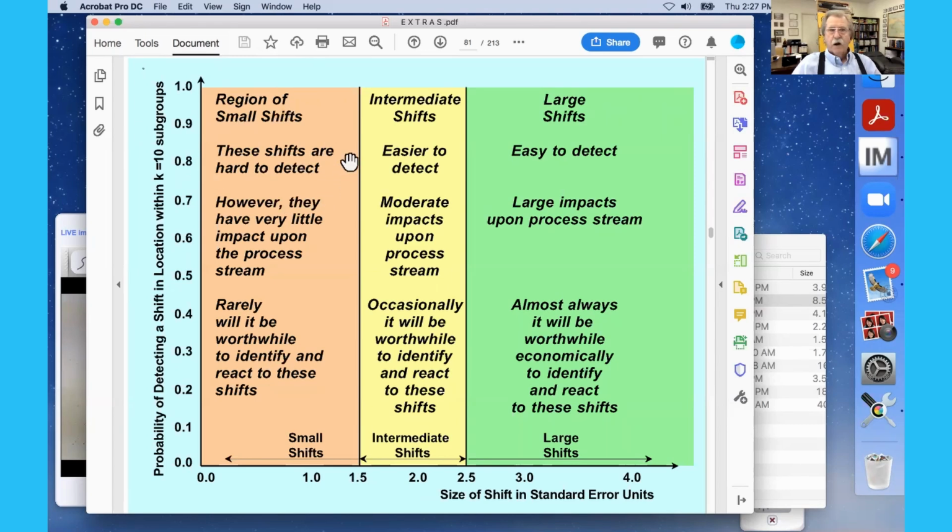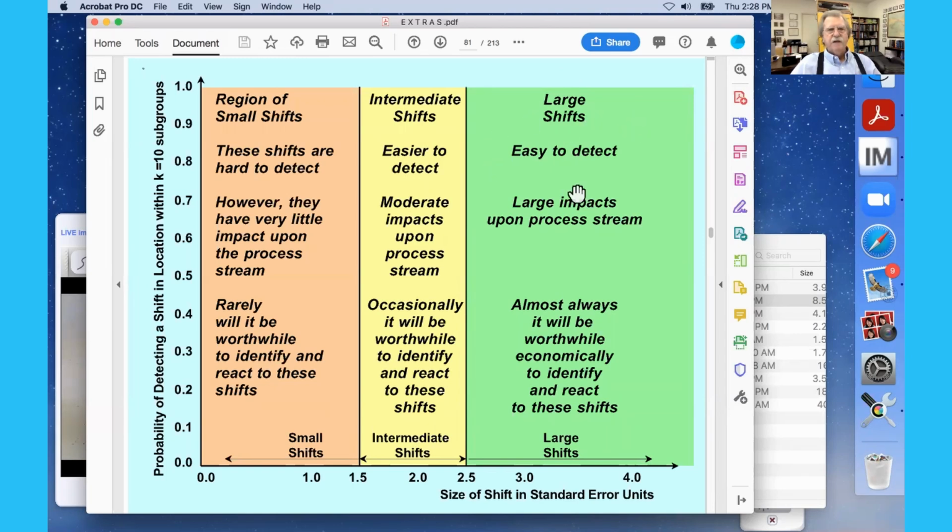They're going to be hard to detect, but they have very little impact upon the process stream, so they rarely will be worthwhile to identify and react to these shifts. Intermediate size shifts between 1.5 and 2.5 standard errors are easier to detect, moderate impacts upon the process stream, and occasionally will be worthwhile to identify and react to.